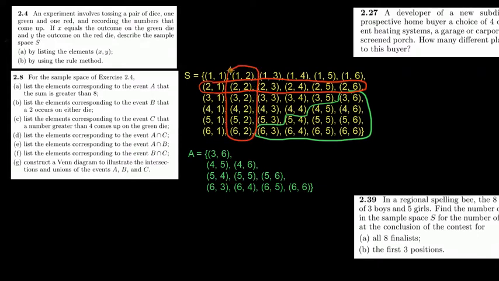When you're listing these out, be careful that you only list 2, 2 once, because that's only one outcome. All right, so don't list it twice. So event B is all of the guys in this row and all the guys in this column, but you only list 2, 2 once. All right, makes sense.